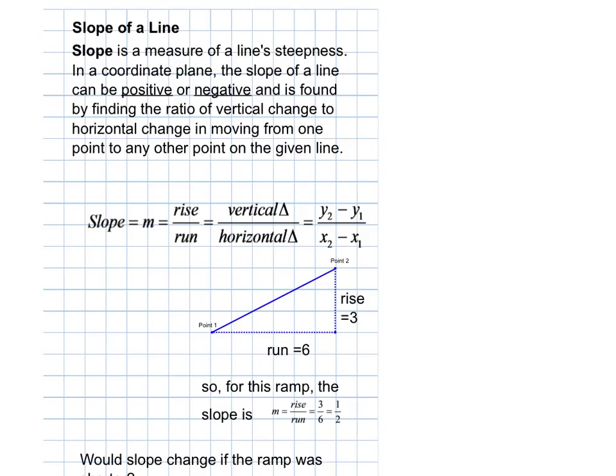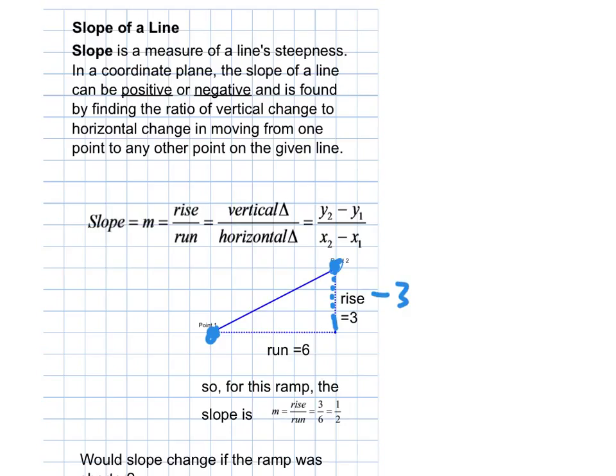Yes? Can you solve it the negative way, like go down? Sure, absolutely. It's going to have a positive slope, but what she's getting at is if I thought of going from this point to this point, I would go down 3, and that's on the next page of this, by the way.